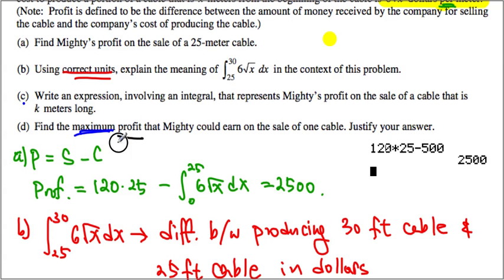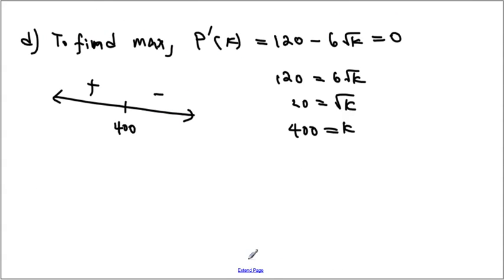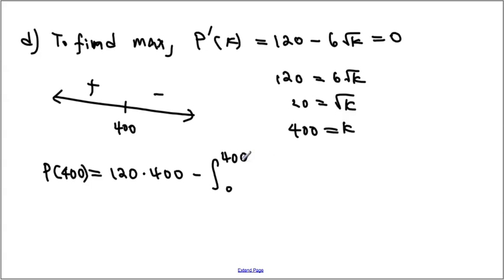Therefore, I'll find the maximum profit. They want us to actually find the maximum profit here. That's when K is equal to 400. So P of 400 becomes 120 times 400 minus the integral from 0 through 400 of 6 square root of x dx.